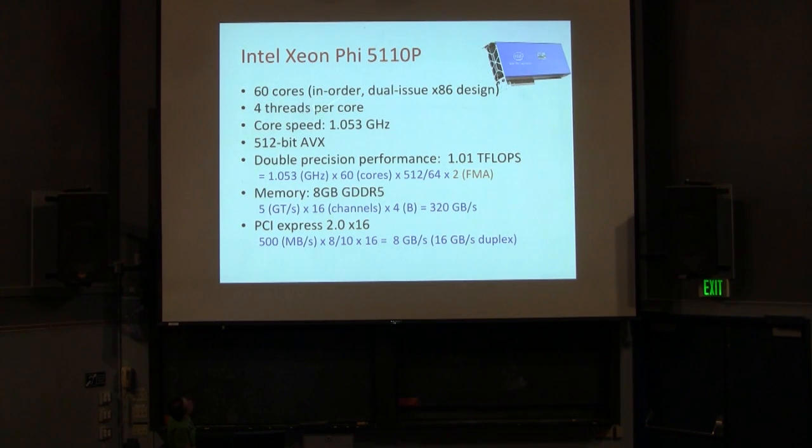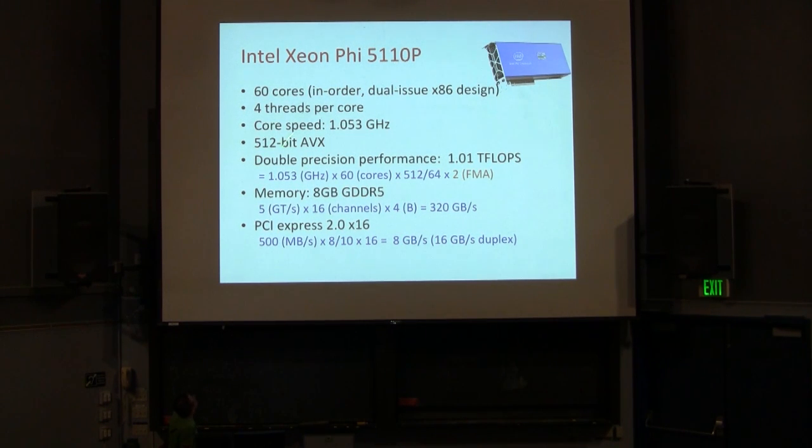So it's simplified cores. It's in-order, dual issue. But the nice thing is that they also have 4 threads per core. Those things actually run Linux by themselves, you can actually SSH into that thing. If you log into this Xeon Phi, you'll see 240 CPUs.